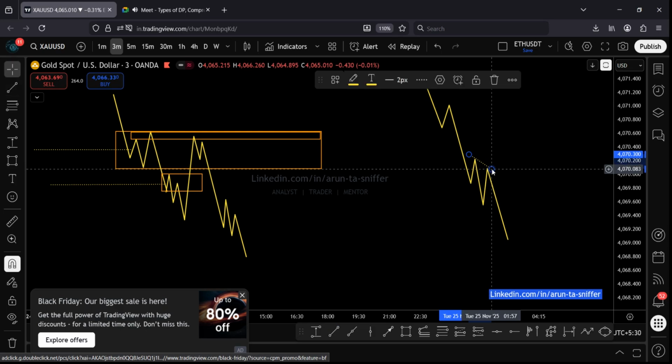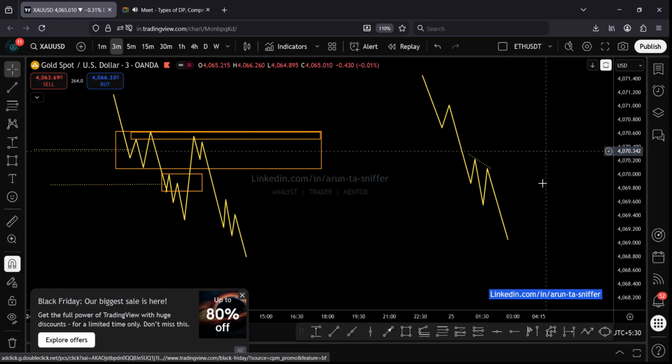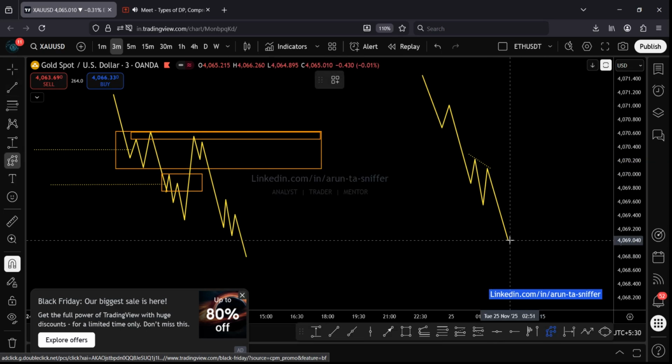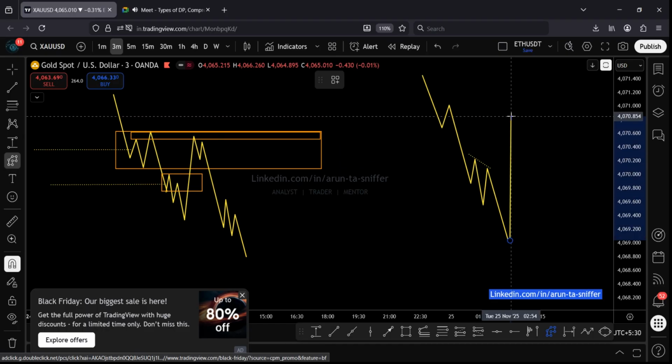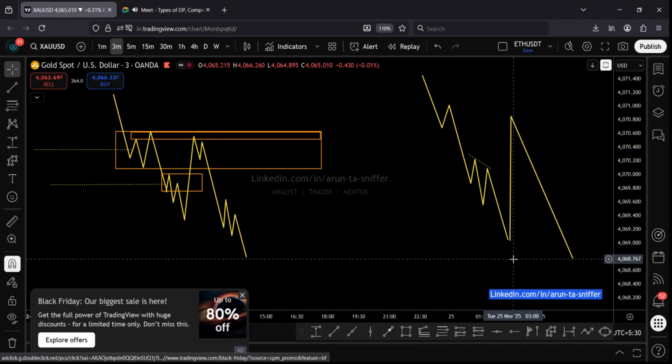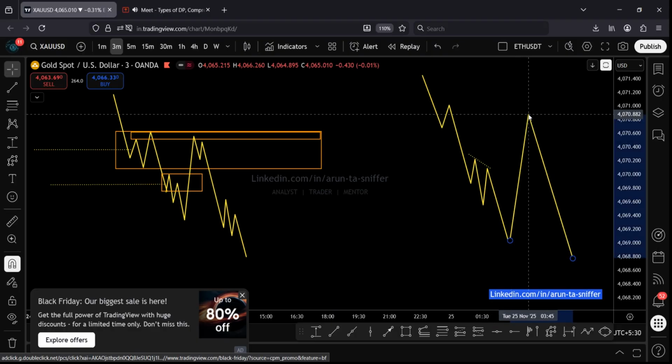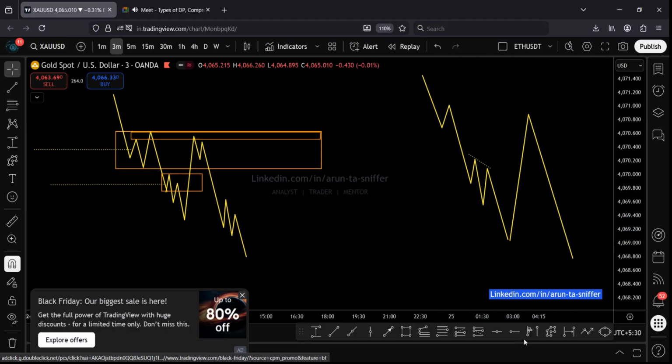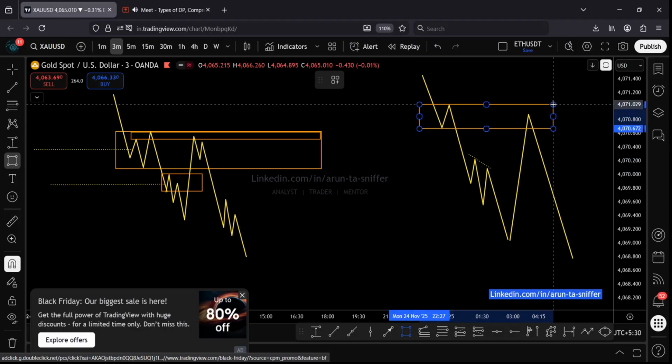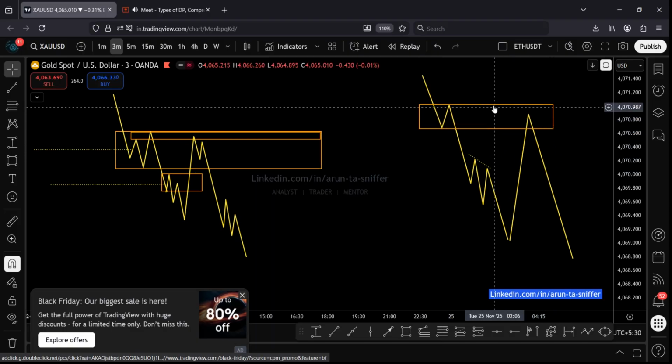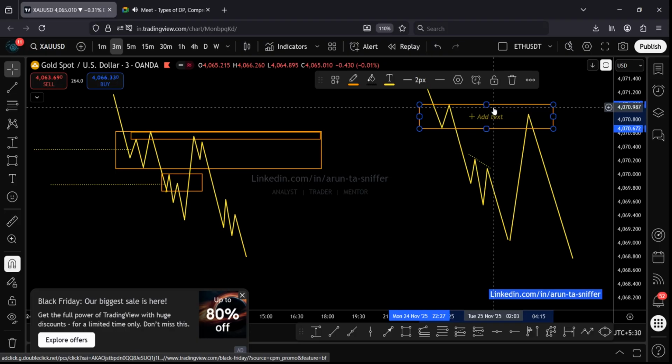Fake zones mean that price will go back to this zone and then take the direction like this. Price will go back to this zone and then comes down again. Right? So always keep this in mind.